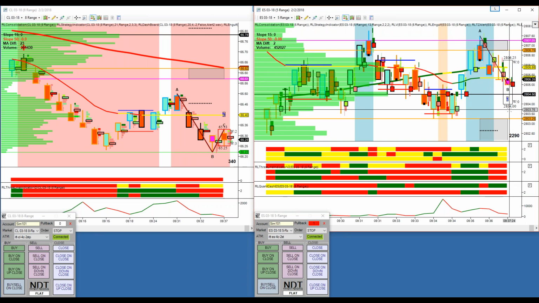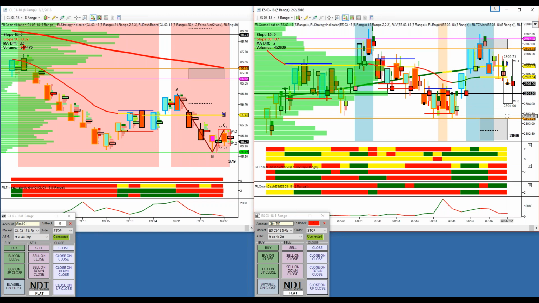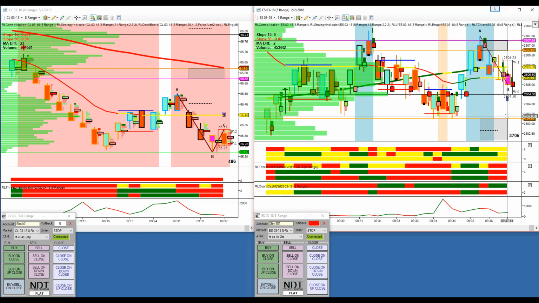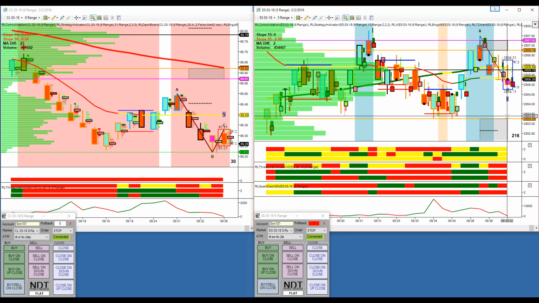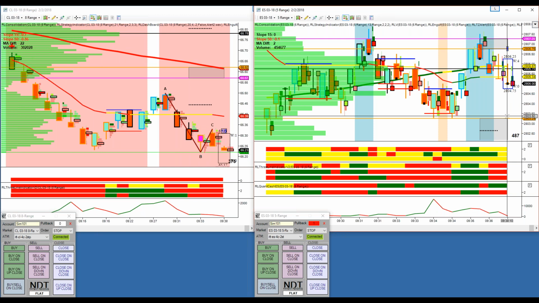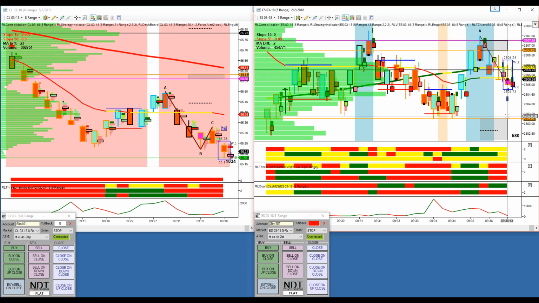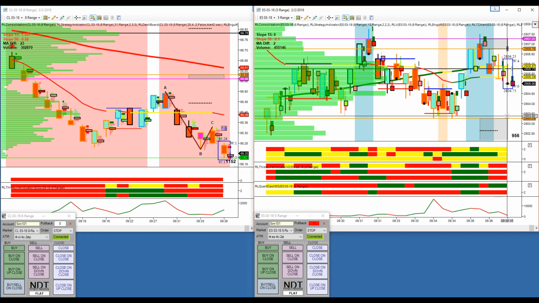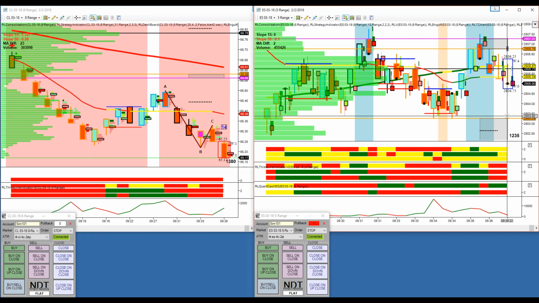No continuation short on crude into the low of day. Three lines red, no quants. Crude just pushing down the low of day.